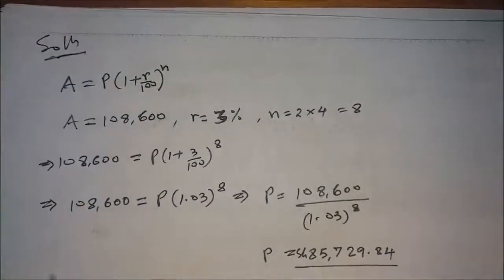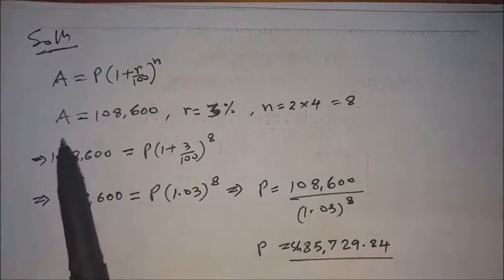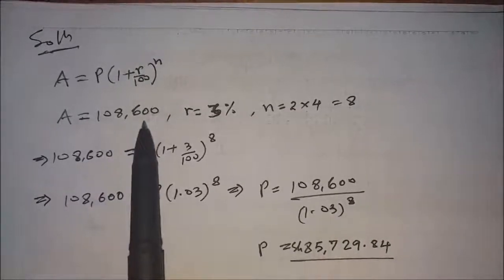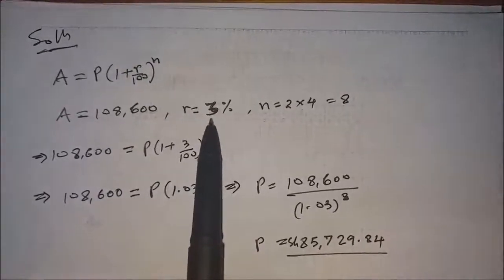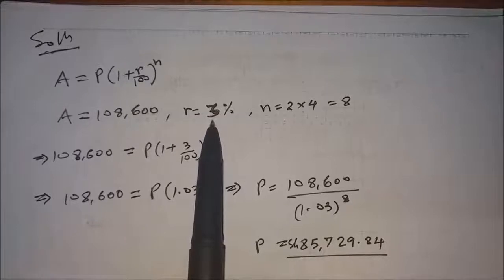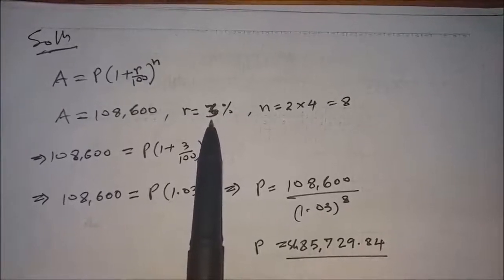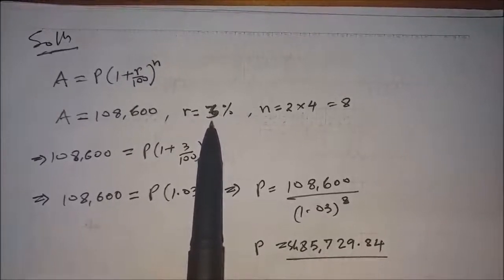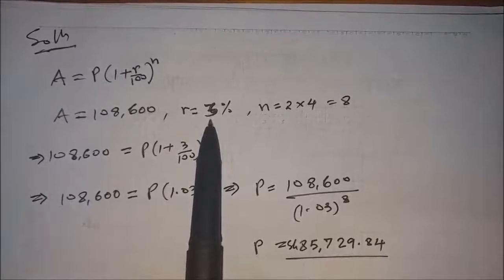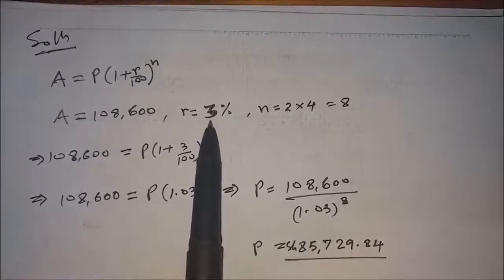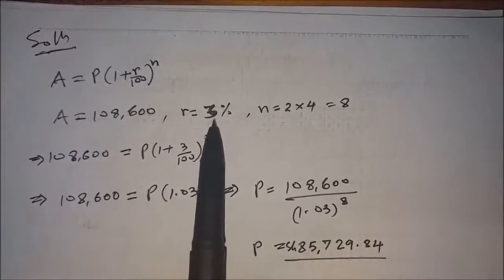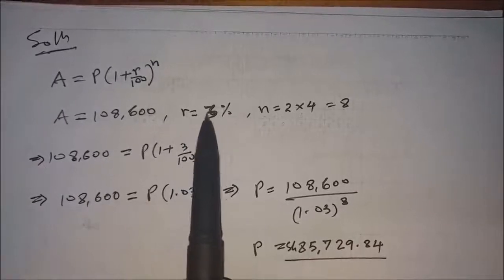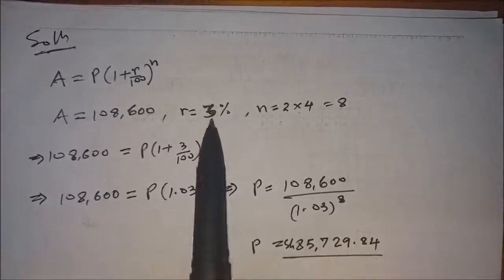Now, from the question, we can pick the amount as 108,600, but the rate is not 12% because in 1 year, interest is calculated 4 times, quarterly. So if the rate per annum is 12%, then the rate for every quarter will be 3, that is 12 divided by 4.